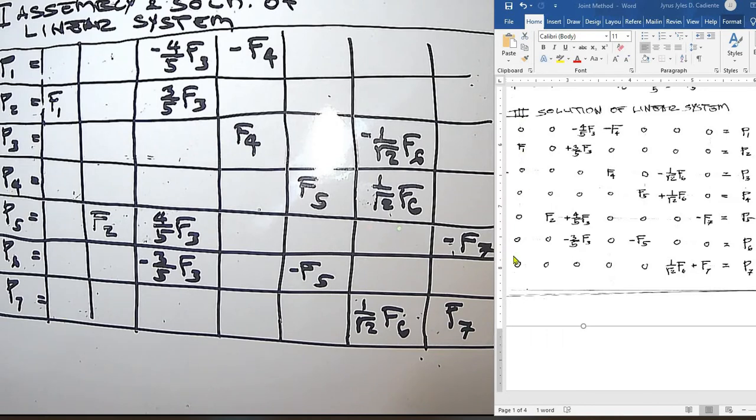So, this column pertains to F1. The second column pertains to F2. And then, the third column is F3. Fourth is F4, so forth and so on until the last column 7 pertains to F7, which is basically ito, no?